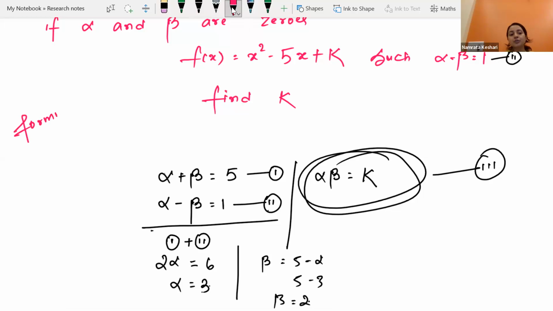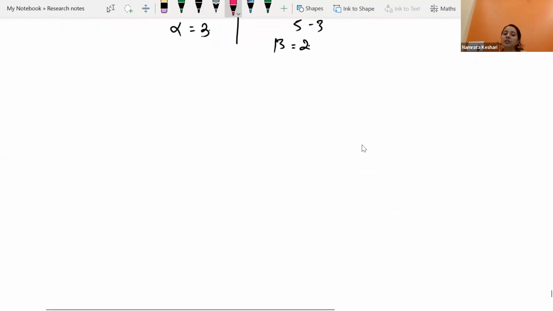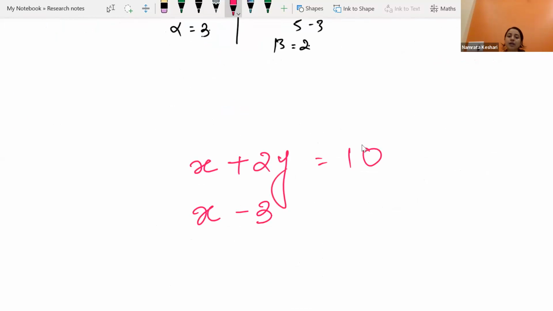I forgot the elimination method. Can you explain that? Yeah, sure. The elimination method says that if you have x plus 2y equals 10, and x minus 3y equals 15, first you have to check which variable's coefficient is exactly the same. Here the x coefficient and x coefficient are exactly the same, so we can eliminate x because its coefficient is already the same.